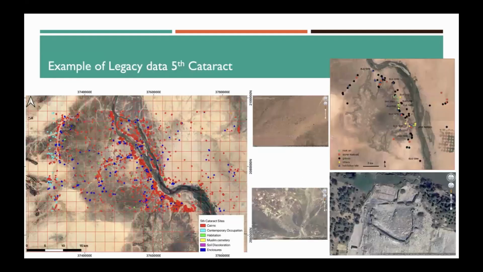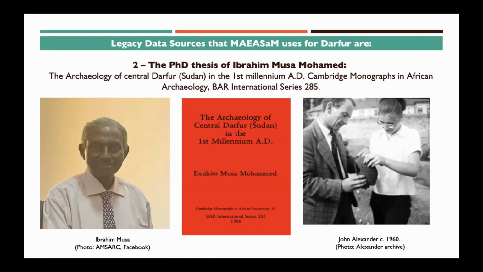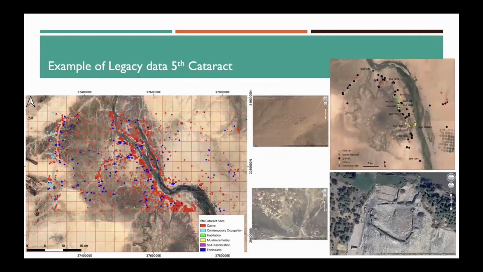I will show later some of his work as an example. This is also an example of legacy data from the fifth cataract, so it's all connected to what we're doing.